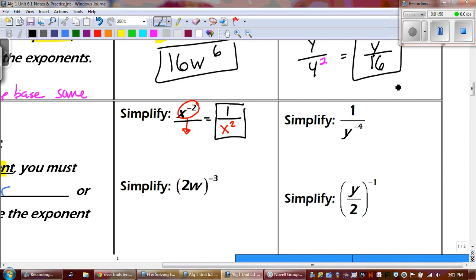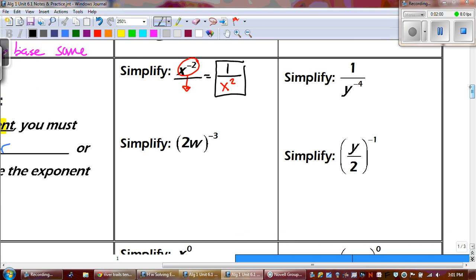Okay? Now, when you have the negative on the outside, you have to remember that everything inside still has an exponent. Okay? If nothing's there, it's 1. And we have to distribute first. So when we distribute our new exponents, 1 times negative 3 is negative 3.